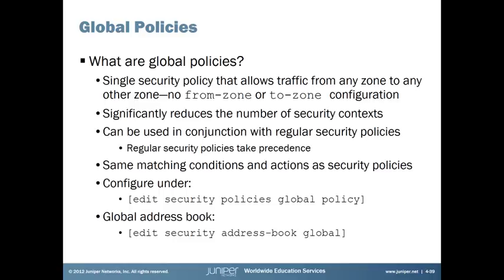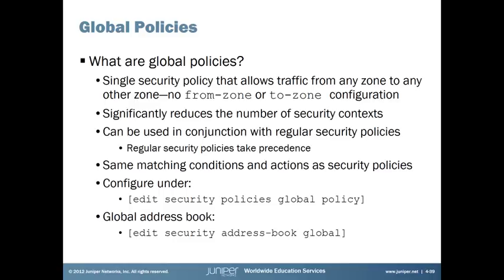Basically, what it can do is, if you've got a number of different interfaces in a number of different zones, and you want to allow traffic between them, you can go ahead and configure a global policy which kind of replaces maybe 3 different policies that you might otherwise have to configure to allow that traffic. And your addresses that you're using are in the global address books. They don't belong in a particular zone. They're actually set up under the address book global hierarchy.